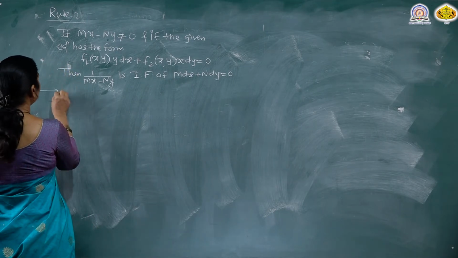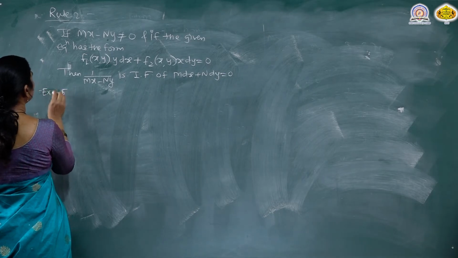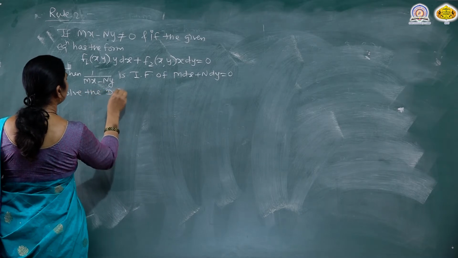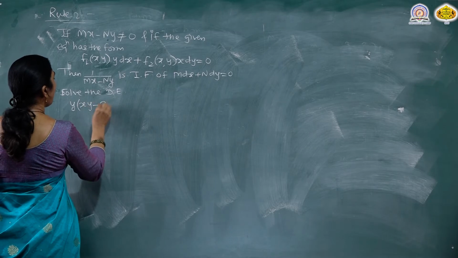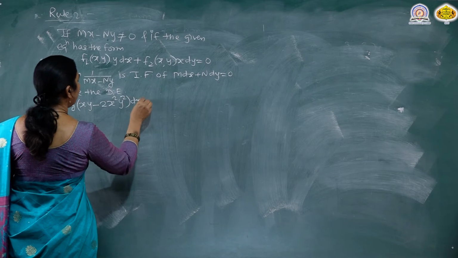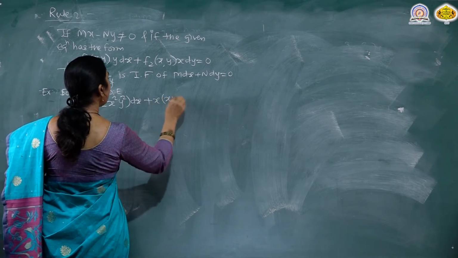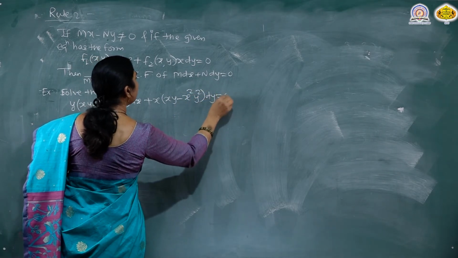For example, solve the differential equation y into bracket xy minus 2x square y square dx plus x into bracket xy minus x square y square dy equal to 0.